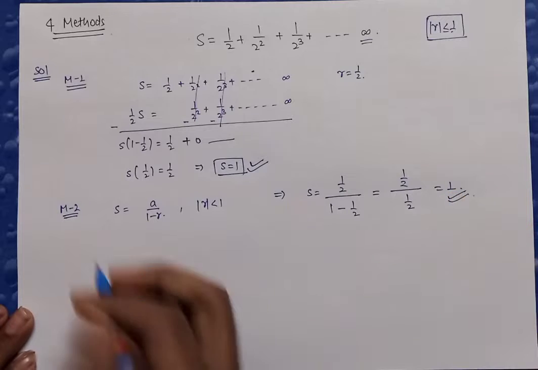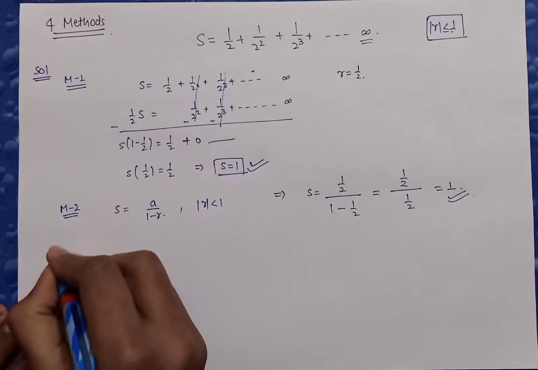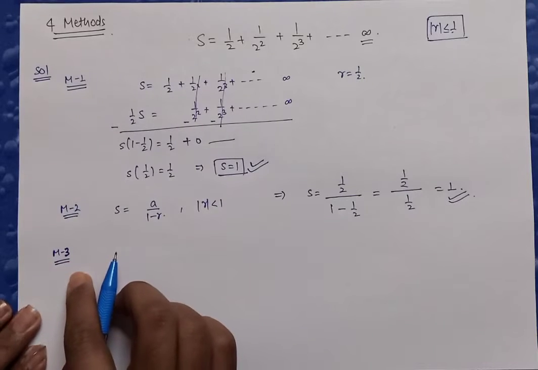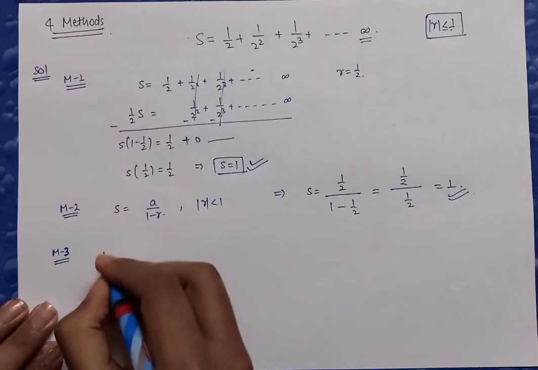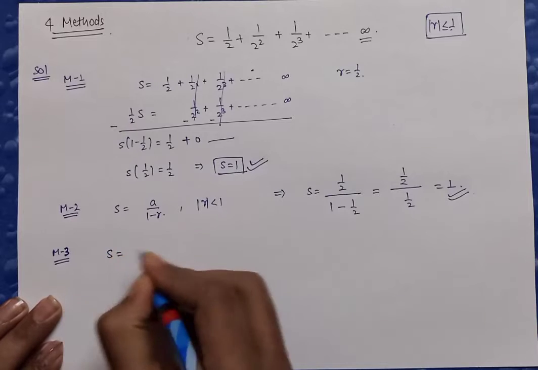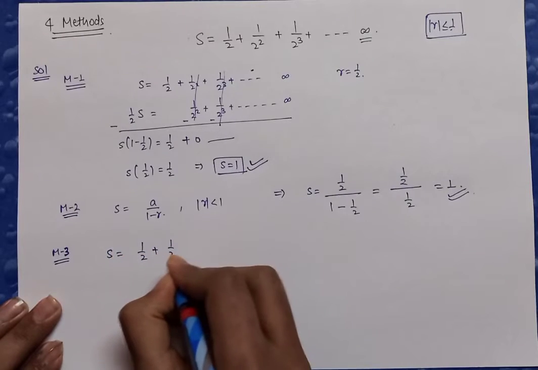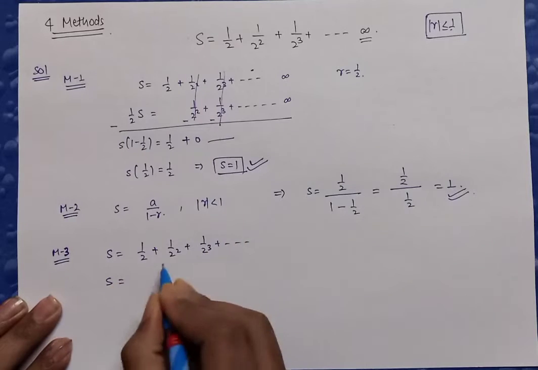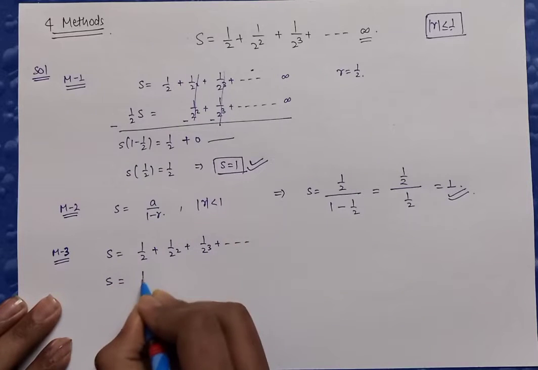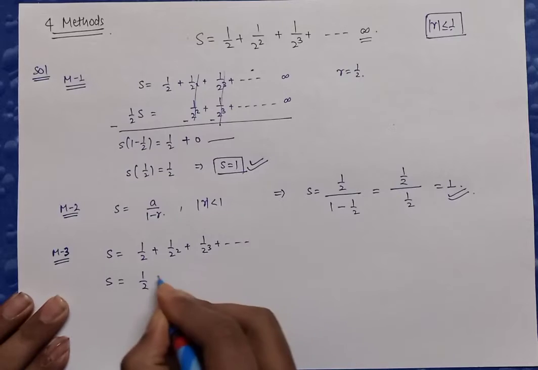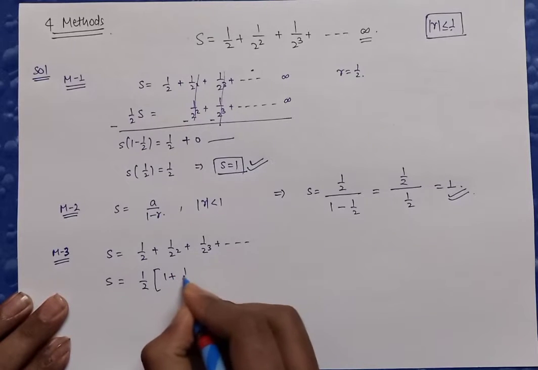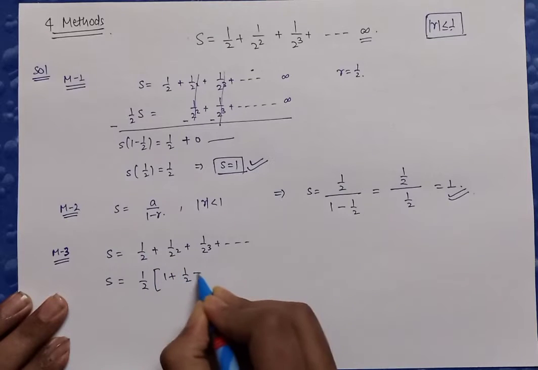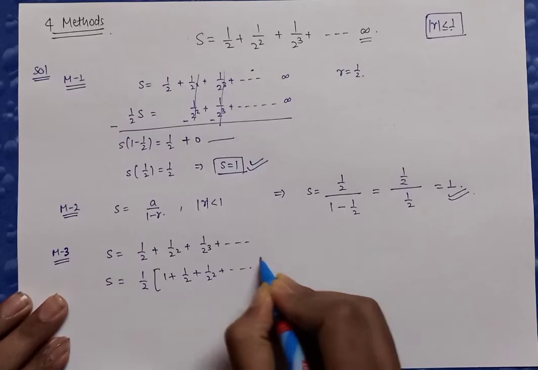Now let's come to the other two methods, which are very unique. Method 3: we have been given s equals half plus half square plus half cube till infinity. Now let's rewrite taking half as common. The common ratio part must be taken as common. Now rewrite 1 plus, because half has been taken common, so that's why 1, again half, then half square, likewise.